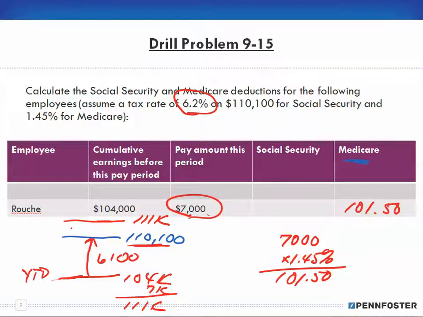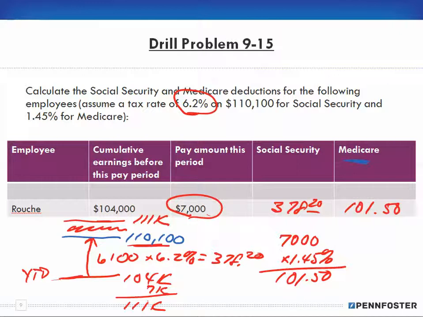Anything over it right here is non-taxable. So they're paying tax on 6,100 at 6.2%, and that comes out to $378.20. $378.20 is the deduction for Social Security.